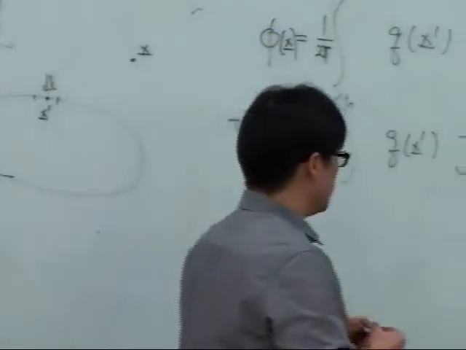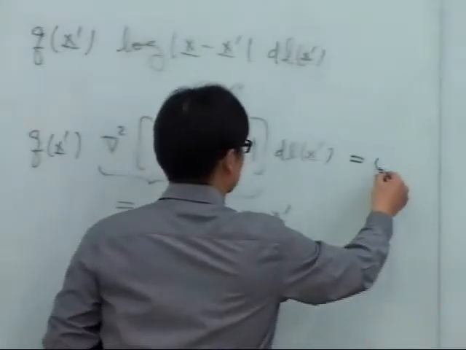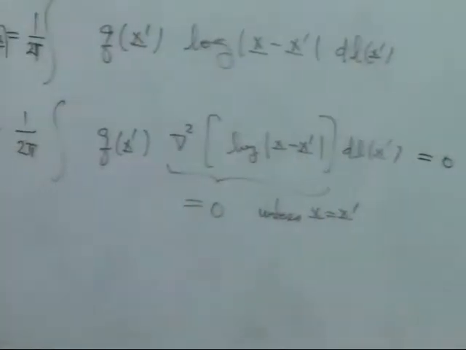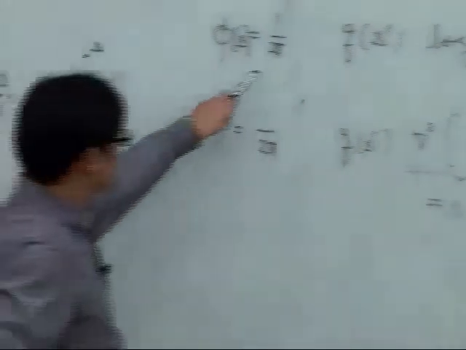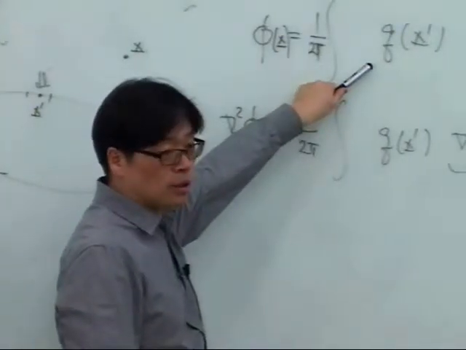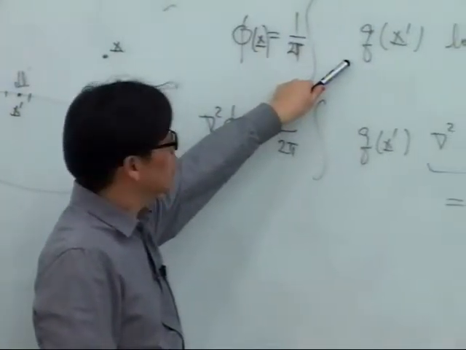So this guy is equal to 0. So this representation is really a solution of the Laplace equation.